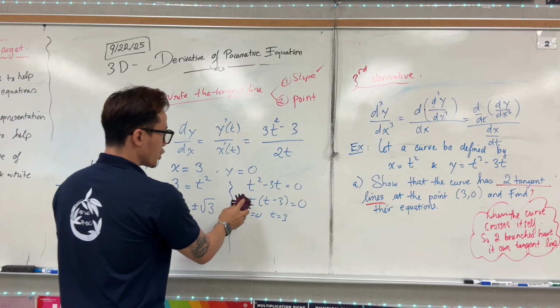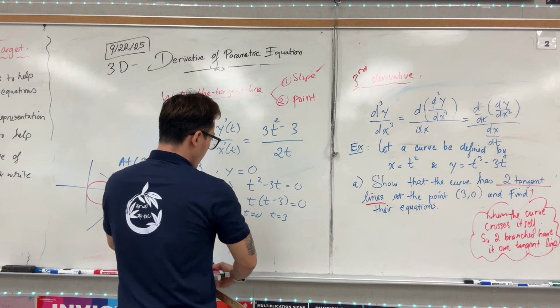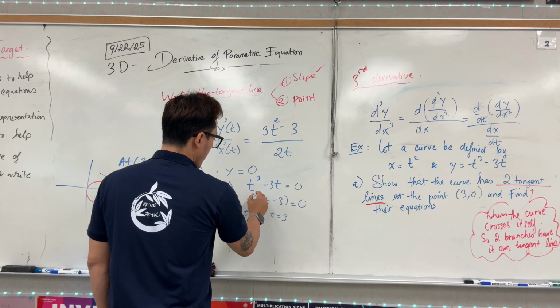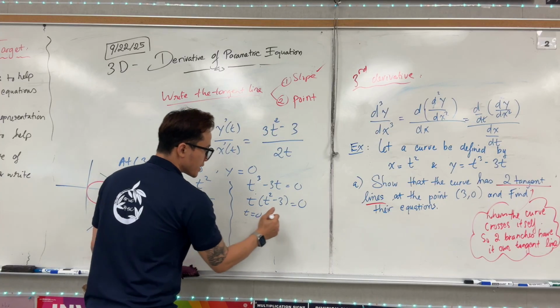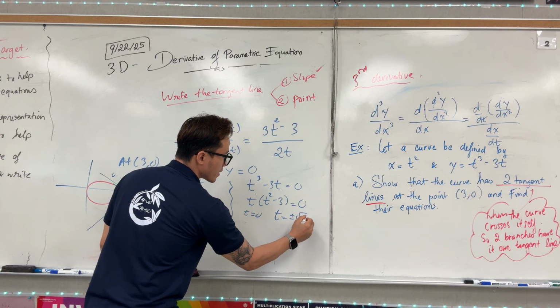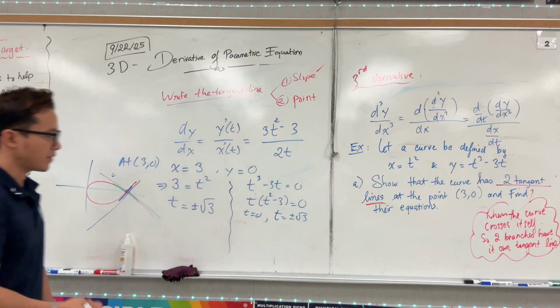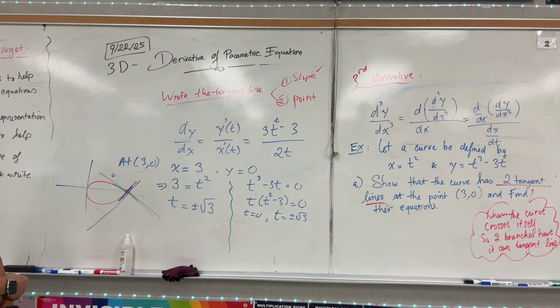Oh, t cubed, my bad. So you have t and then t squared minus 3. One of them is 0 and one of them is still plus minus square root of 3. Yes, that's right. Thank you for catching that.